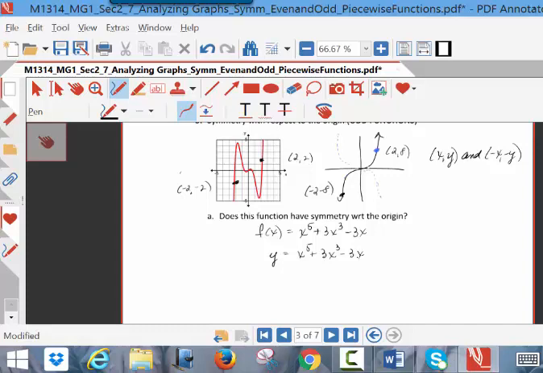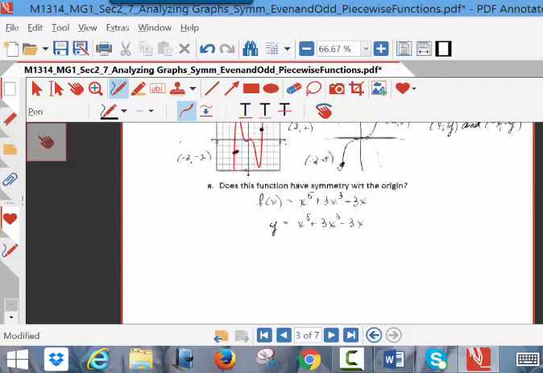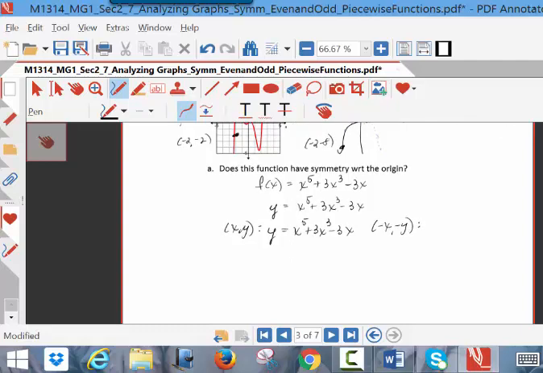Okay, so I have two ordered pairs to check. The first one is just (x, y), and that is going to just return it to the original equation. The other one, which is the one we're really testing, is (-x, -y). Okay, so here's where we have to have a little algebra. So if I replace y with -y and x with -x, it'll look something like that.